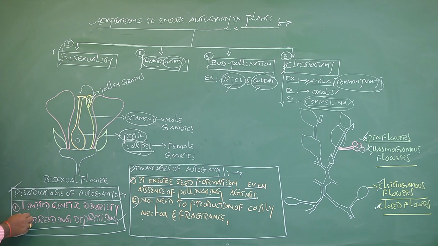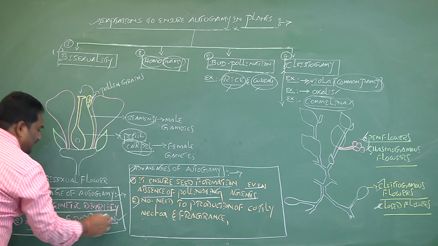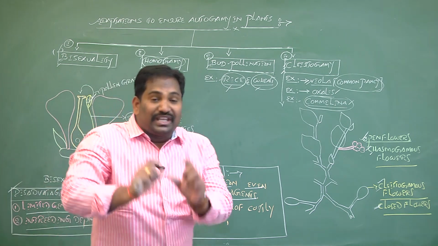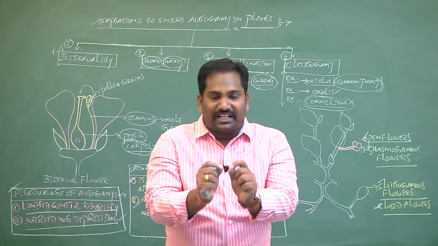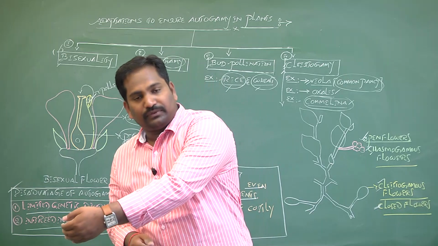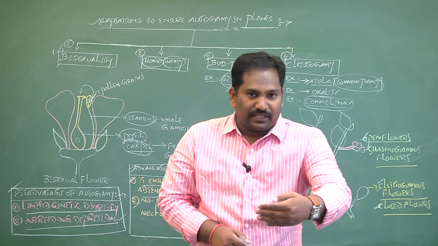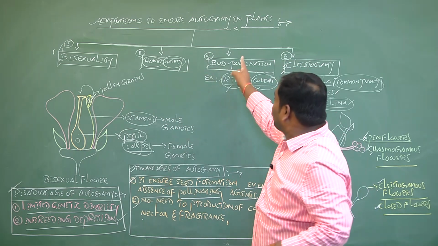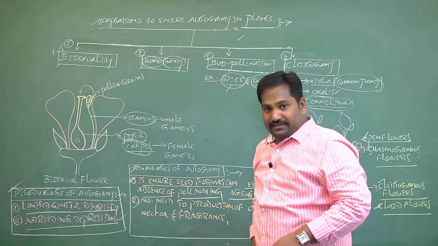And the second one is the offspring produced by self-pollination or autogamy have limited genetic variations or limited genetic diversity. These are the advantages of autogamy, disadvantages of autogamy and the different methods of adaptation to ensure autogamy in plants.